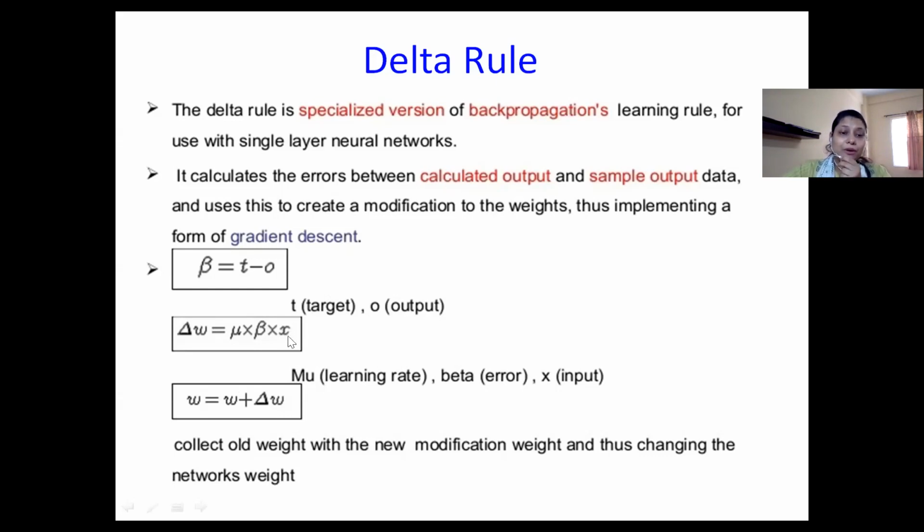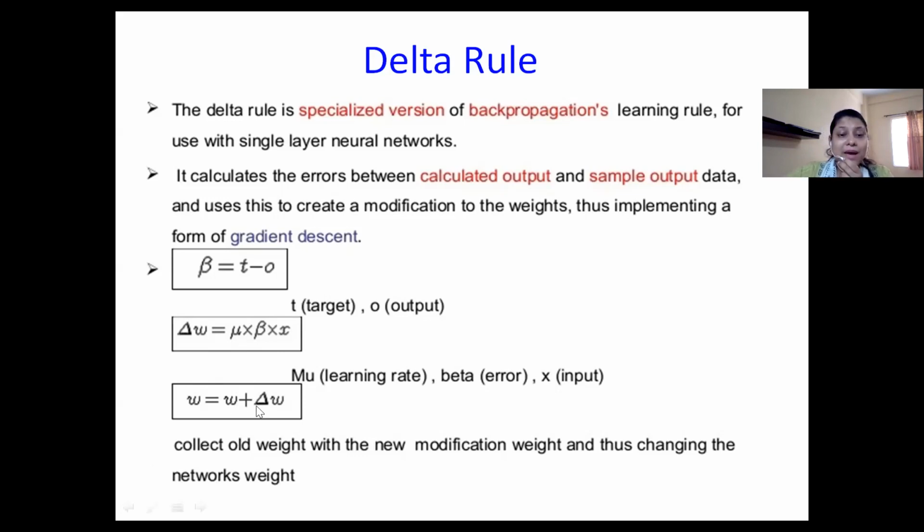Now, by multiplying all these three parameters, we are getting delta W. That means the differential value of this W. That means a very small variation in weight, which we can add to the weight that we have at this particular stage.